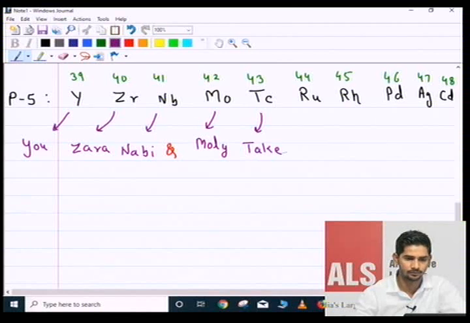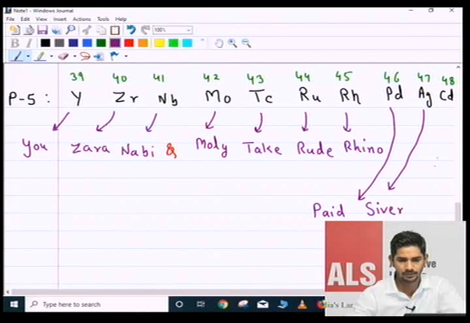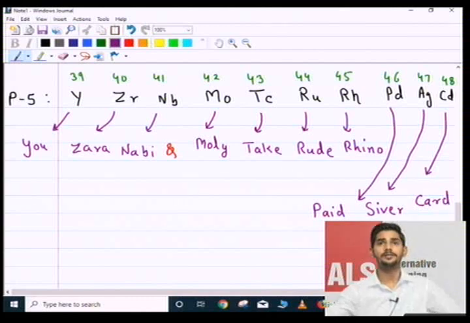Take rude, rhino, paid, silver card. Guys, AG is the symbol for silver.